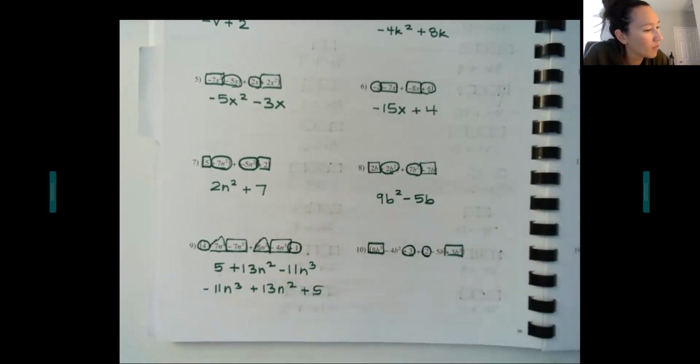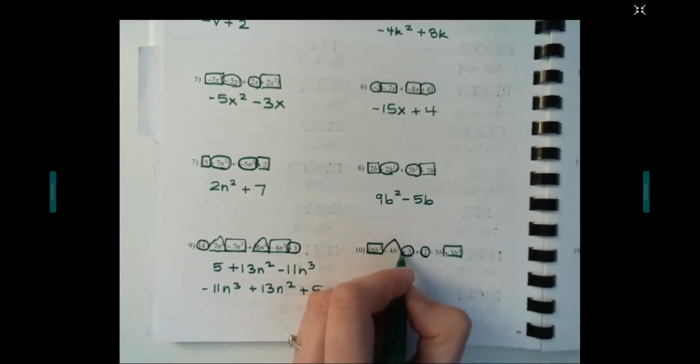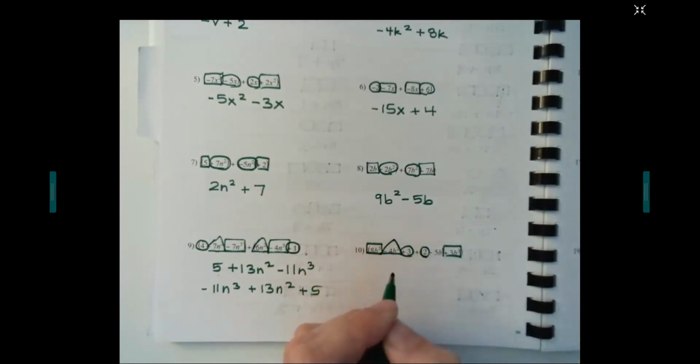And then I put the triangle over the 4b, and then I circled the negative 5b.